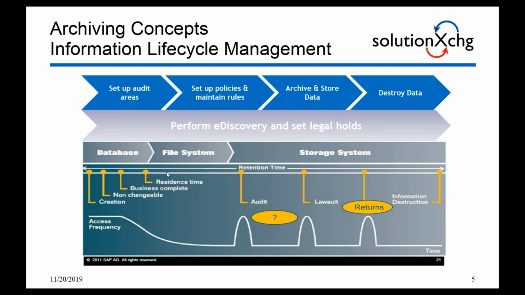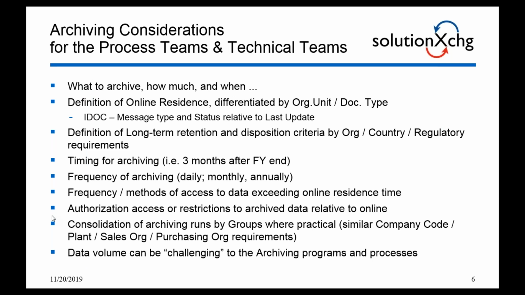If there is, then you probably should change your residency time to be a little bit longer. So we just wanted to give you a picture of the life cycle of typical data within your system and how the frequency changes over time.